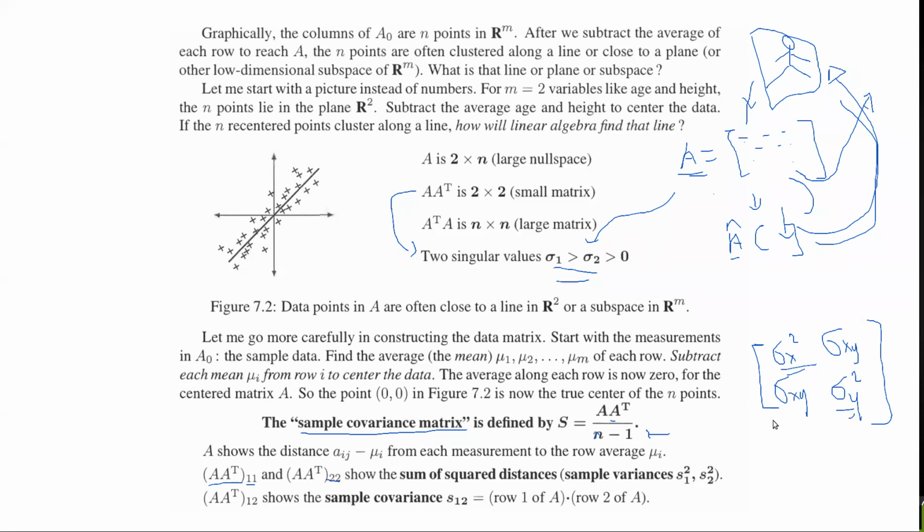The off-diagonal ones will be the sample covariances, showing how the different data correlate. And if these off-diagonal parameters are 0, then we say that the variables are uncorrelated.